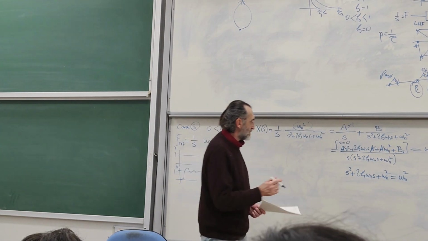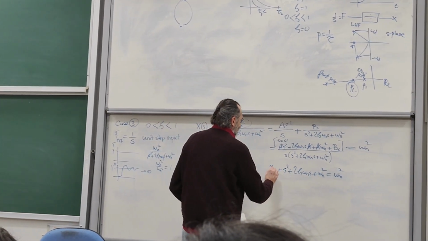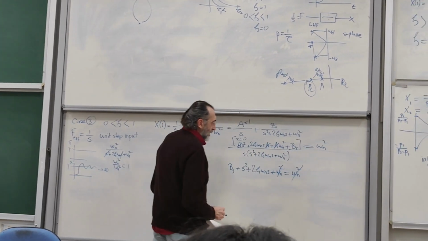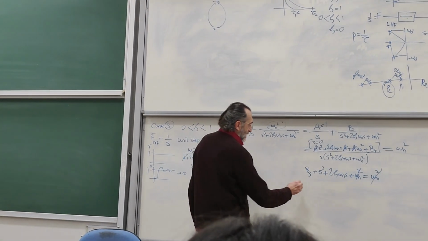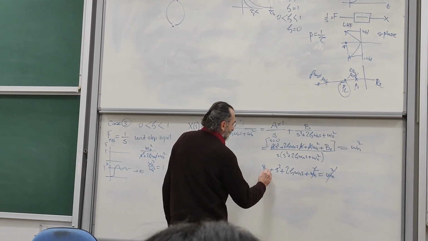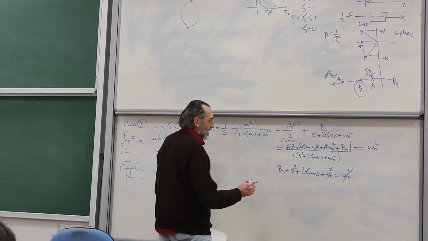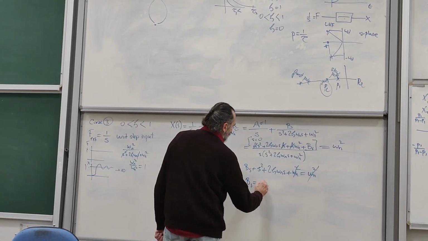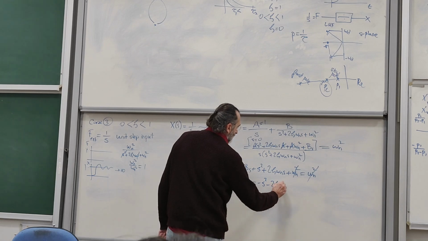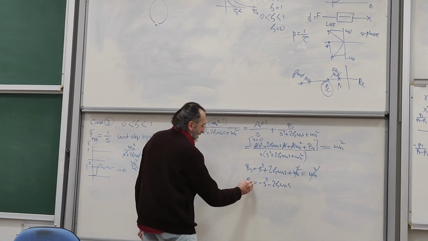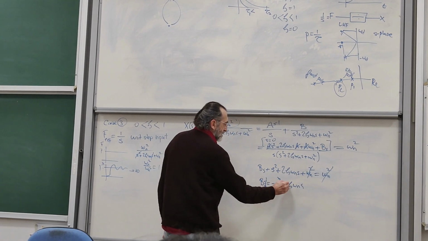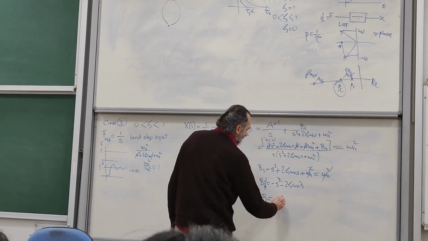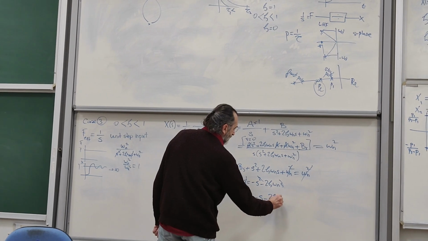Omega n squared's go away. So BS, right? So we have BS equals minus S squared minus 2 zeta omega n S. So BS cancels that and this. So B is equal to minus S minus 2 zeta omega n.